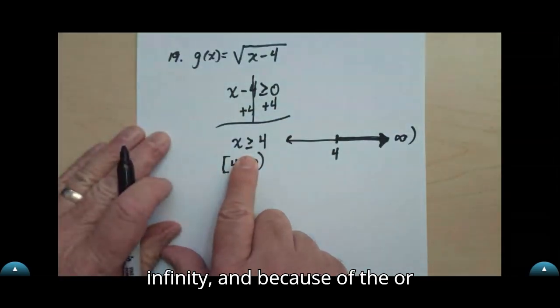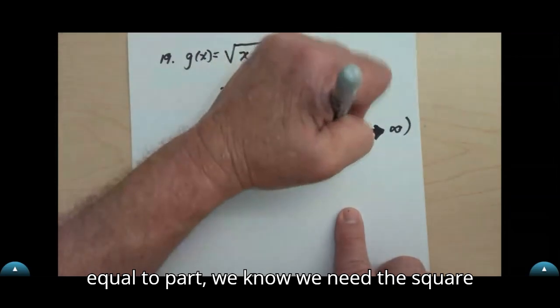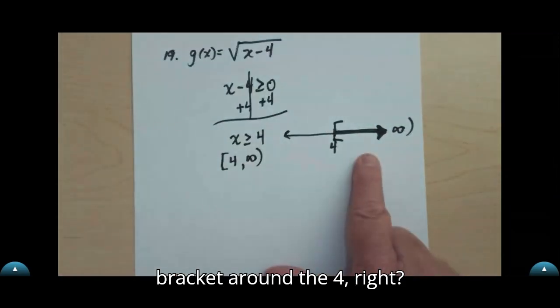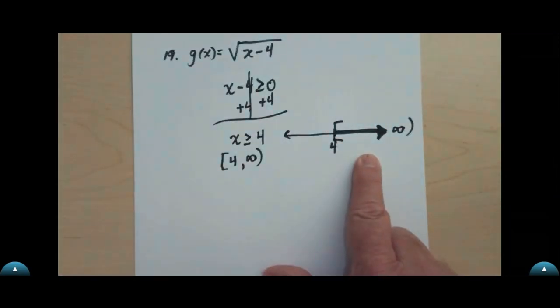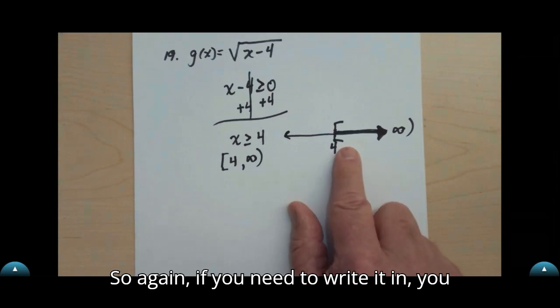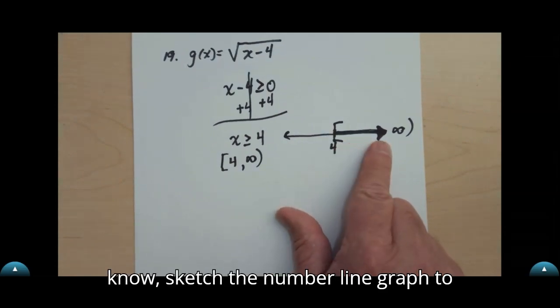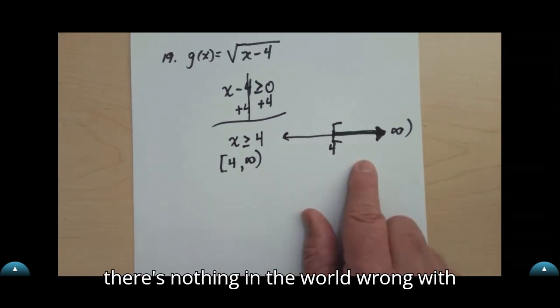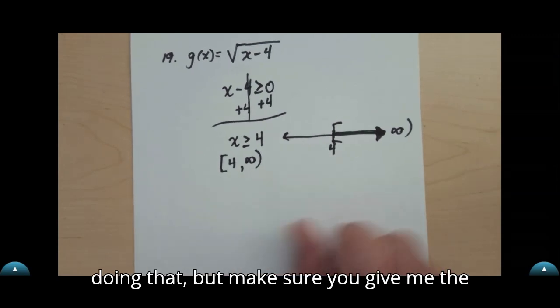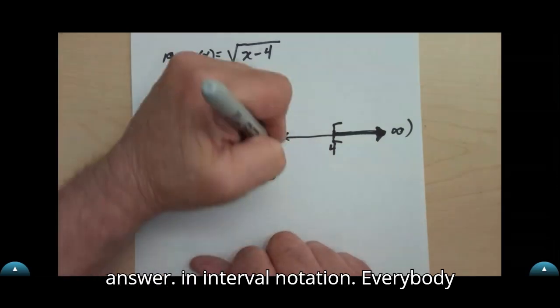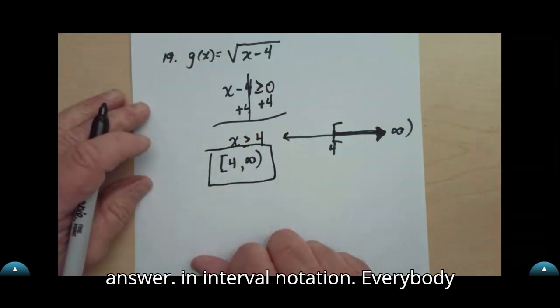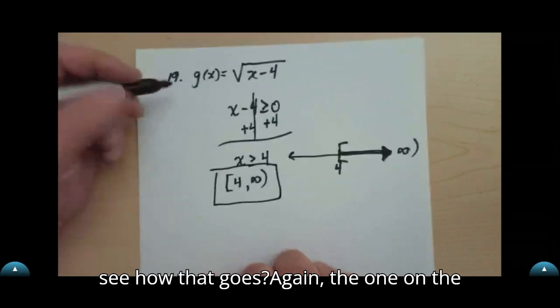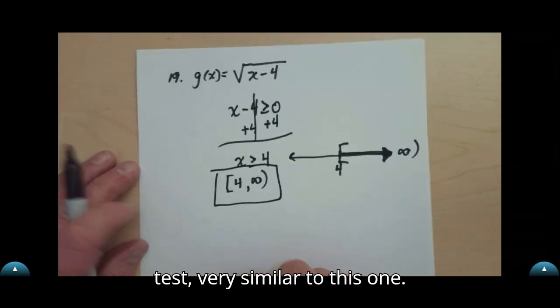And because of the or equal to part, we know we need the square bracket around the 4, right? So again, if you need to write it in, sketch the number line graph to help you write the interval notation, there's nothing in the world wrong with doing that. But make sure you give me the answer in interval notation. Everybody see how that goes? Again, the one on the test, very similar to this one.